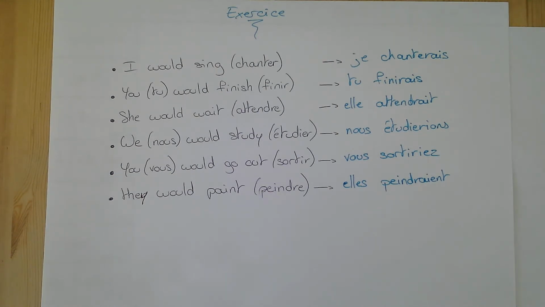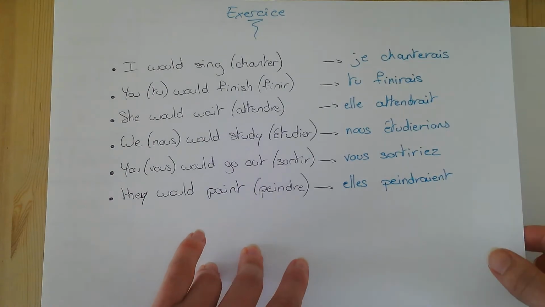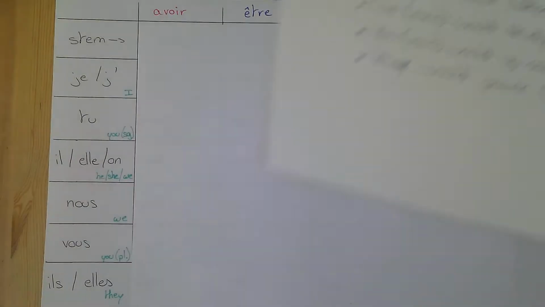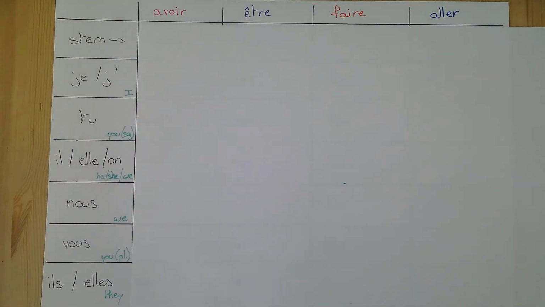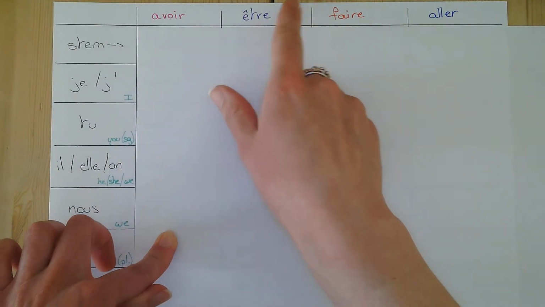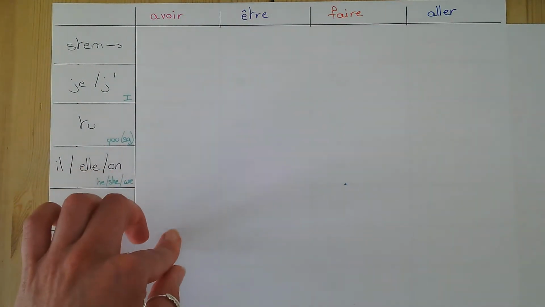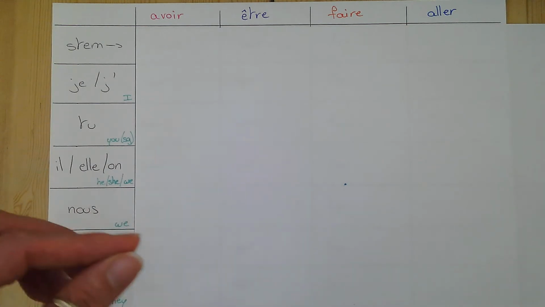That was for the regular verbs and the regular pattern. Now, as always, there's a bunch of irregulars, always the same. You know that table if you've watched other videos before. You've got the same 4, so to have, to be, to do, to go, and it works once again exactly like the simple future.